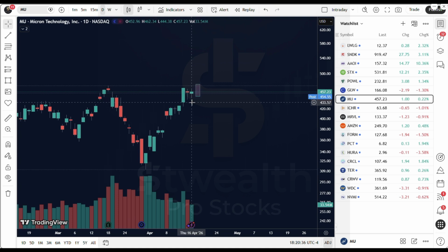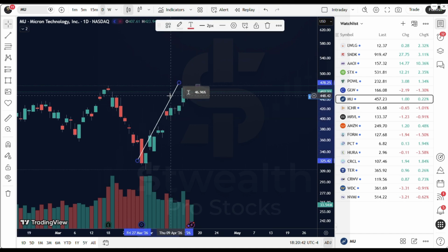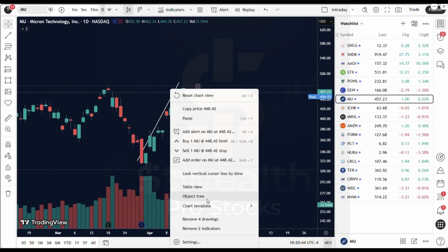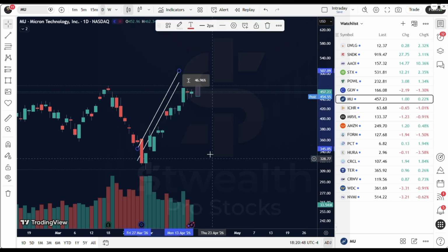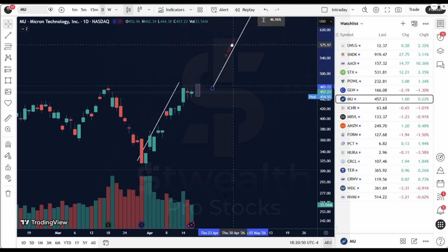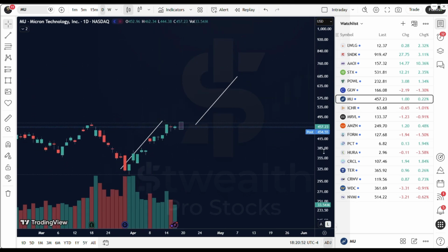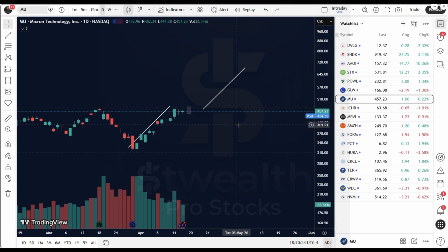In a strong market, you will see multiple legs of these moves, like leg one, and if I clone this, then leg two, potentially. So that's the expected move for a stock.